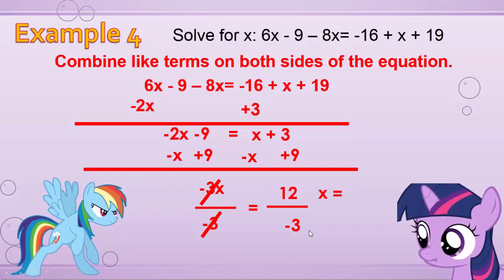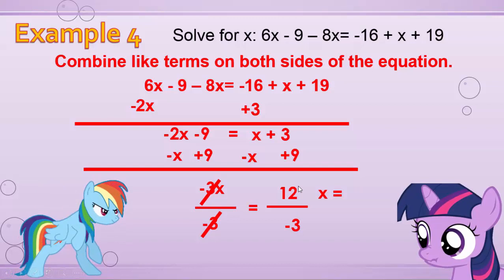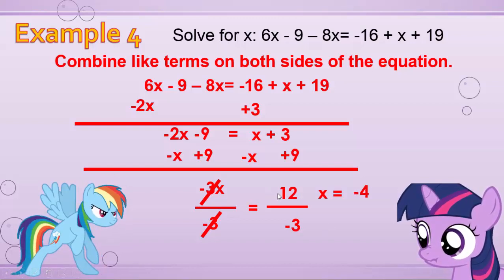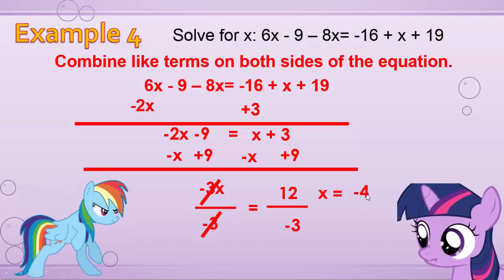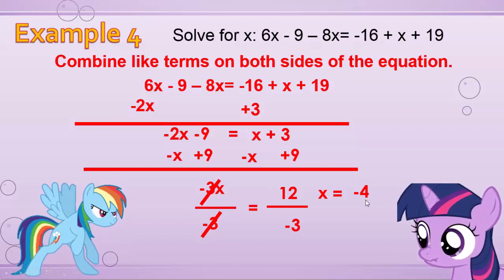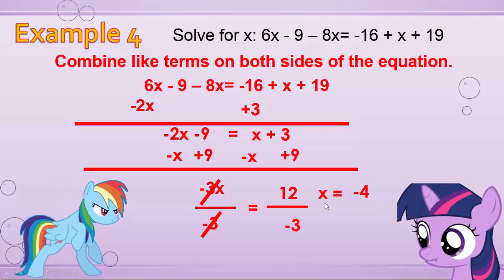And that will be negative 3 goes into 12, negative 4. Remember, a positive over a negative will give us a negative. So x all by itself is equal to negative 4.